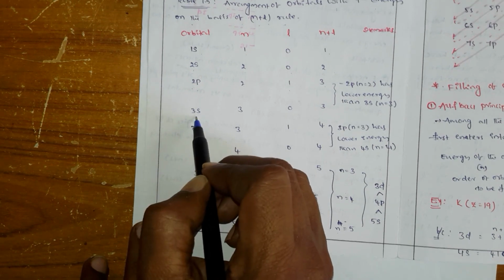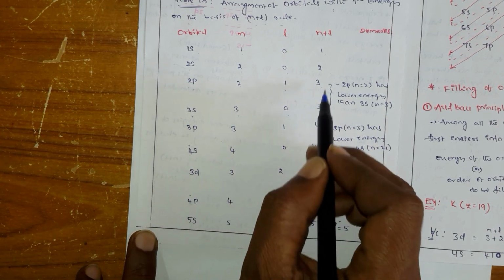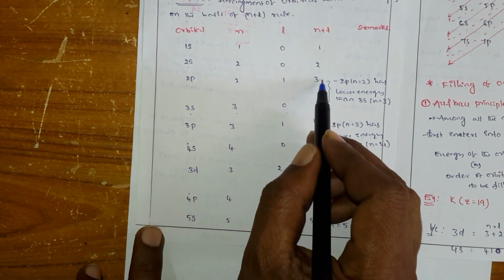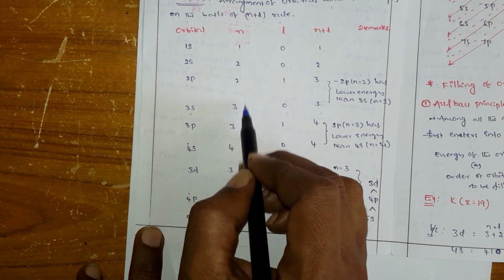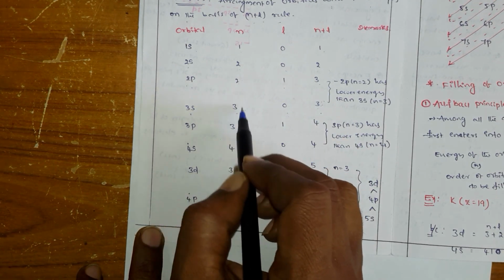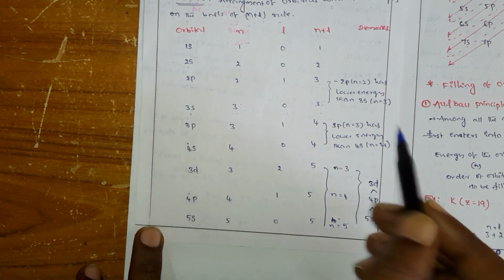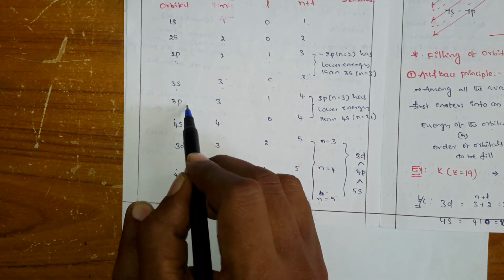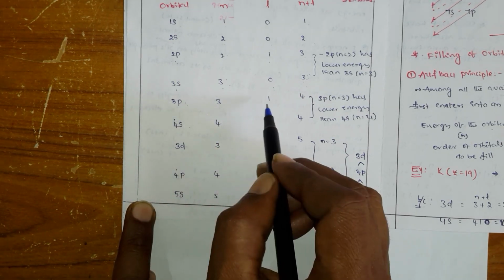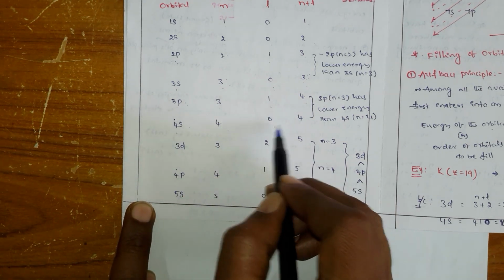Next 3s: n is 3 and L is 0, overall 3, so both are the same. If n plus L is the same, then you have to see only the n value. Here the n value is higher, so this energy is more than the 2p. After 3s comes 3p: 3, 1, 4, and next 4s: 4, 0, 4.